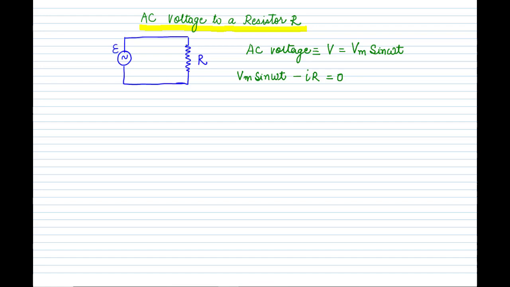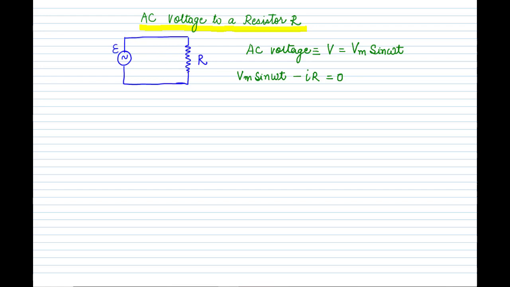We are going from here to here. So there is a voltage drop across the resistance. Whenever we have a resistance, there is a voltage drop. Because there is a voltage drop, we have taken the negative sign. So the voltage which we get from the source is Vm sine omega t, and the voltage dropped across the resistance is IR. So whatever is reduced from the voltage is minus IR.